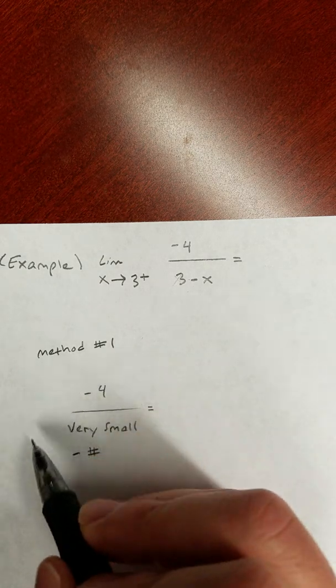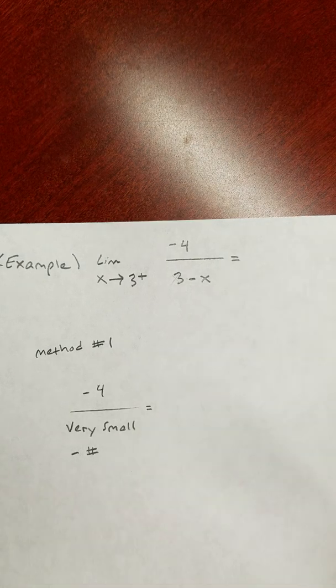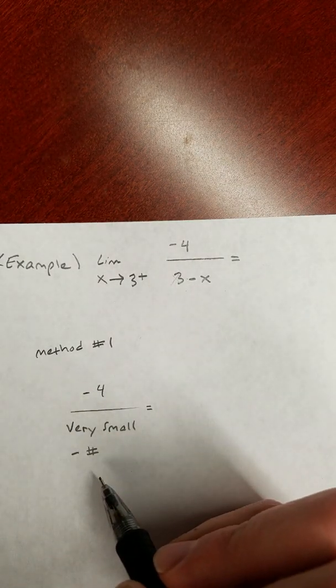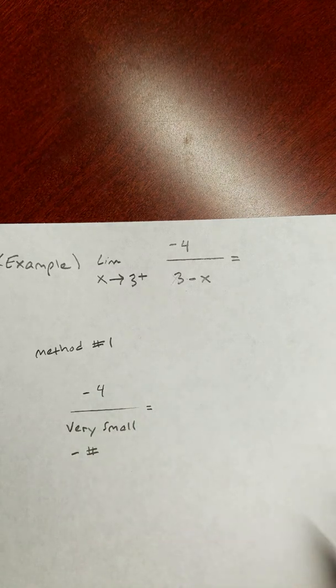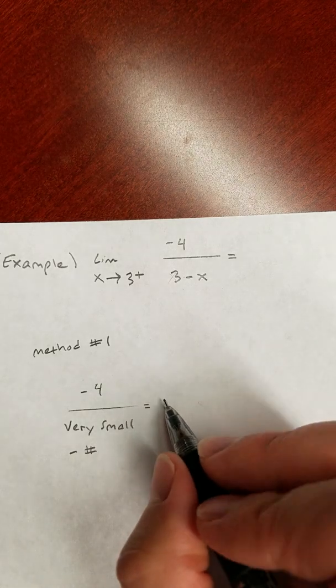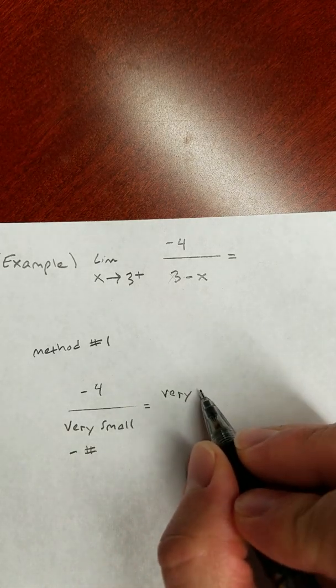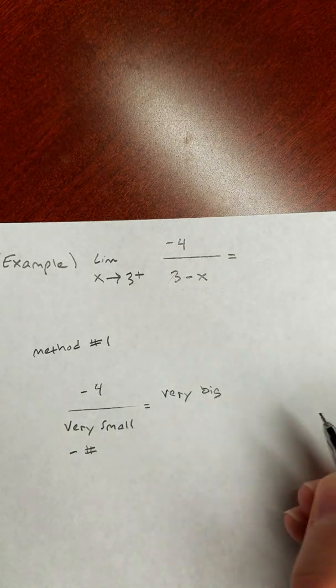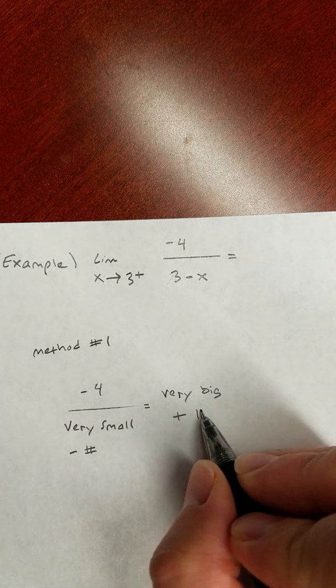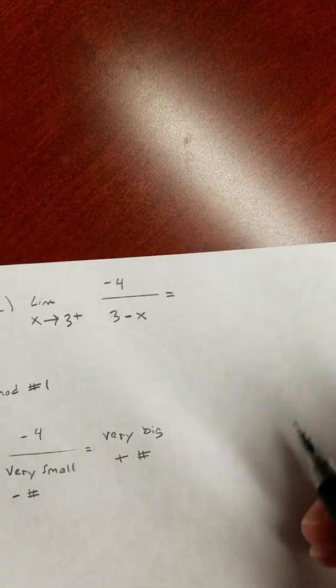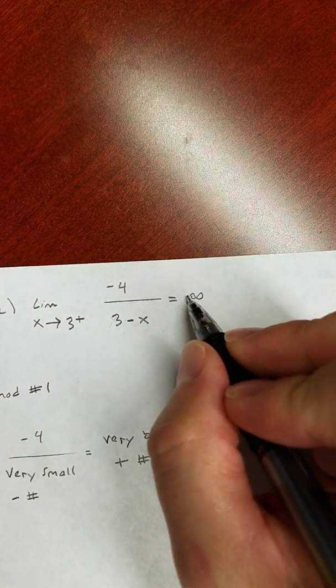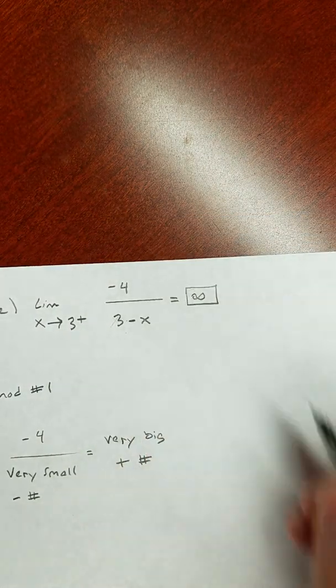If you're not quite comfortable with that, I'll make the table in just a second. But for now, that's my claim. If I take a negative and divide by a negative, I'll get a positive, but 4 divided by a very small number will be a very big number. So I'll get a very big positive number, which I'm claiming suggests this limit to be infinity.